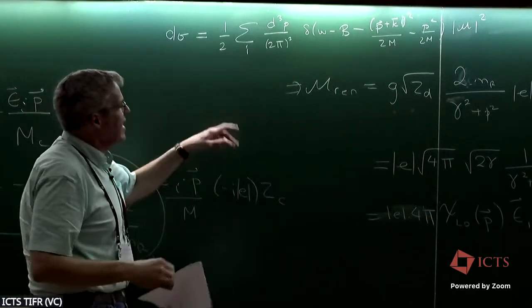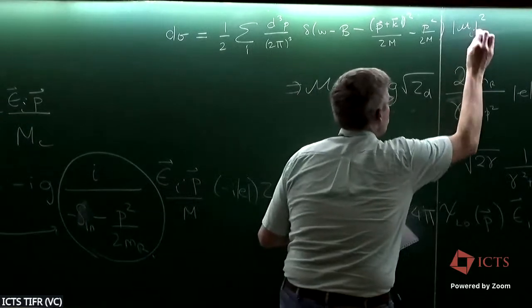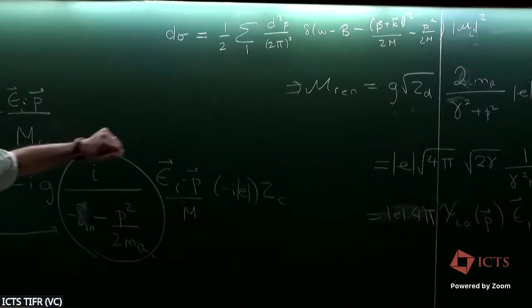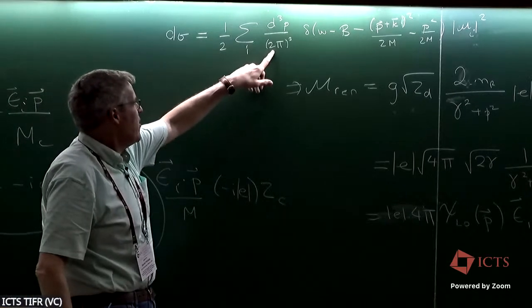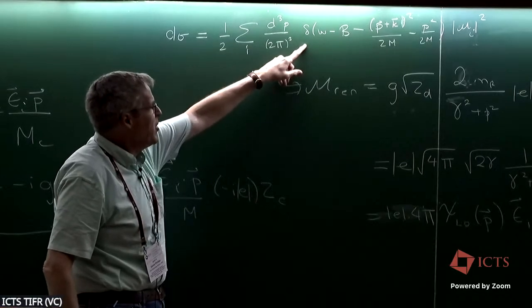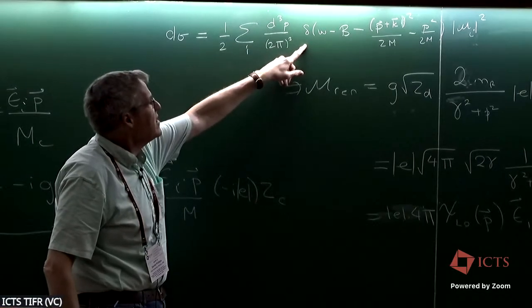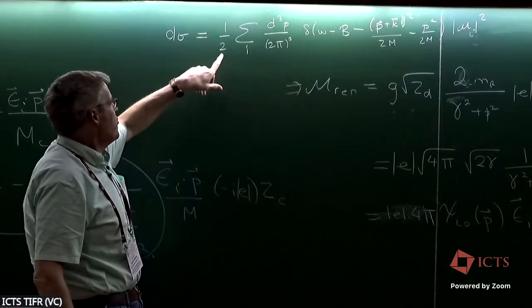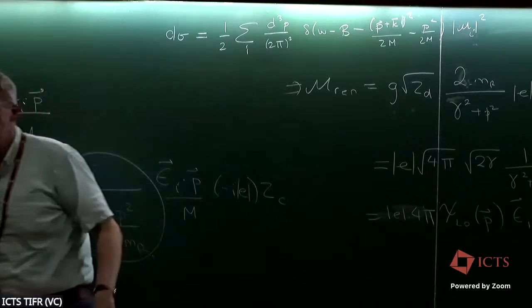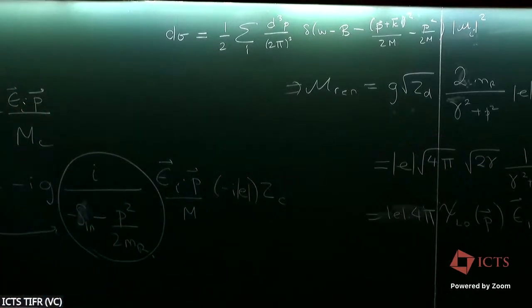What I'm saying here is that you just use the normal rules you would use in quantum field theory. You're going to square the amplitude, multiply by the outgoing phase space, impose energy conservation, and sum over photon polarizations and divide by 2, because you're really averaging over incoming photon polarizations.